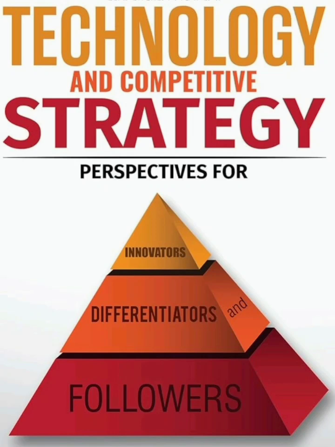Fourth, marketing and sales. Technology can be used to automate marketing and sales processes such as lead generation, customer relationship management, and online advertising. This can help to improve efficiency and reach new customers. For example, HubSpot uses a software platform to automate marketing and sales processes for its customers. Fifth, service.